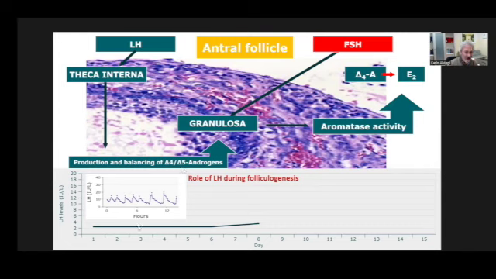And during the early stage of follicular phase, the production of LH is continuous. Why are androgens so important? The androgens are important because androgens induce the expression of FSH receptors in granulosa cells. This is very important.